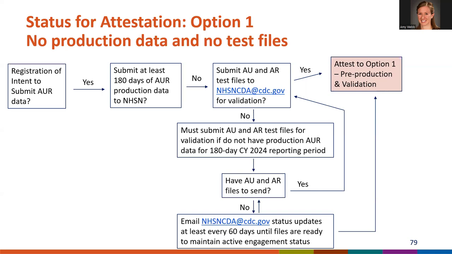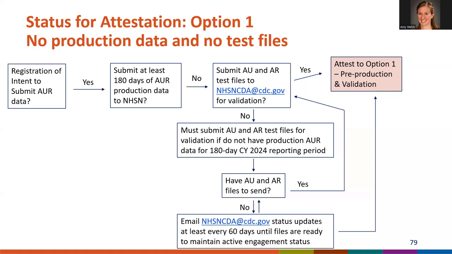A little bit more complicated here. Let's say you don't have production data and you don't have test files ready yet. So in this case, you completed registration, you don't have your 180 days of production data, you don't have your files yet, but you have to submit those test files for validation if you want that letter saying that you've completed validation from us. So if you have the test files ready, you send them to us.